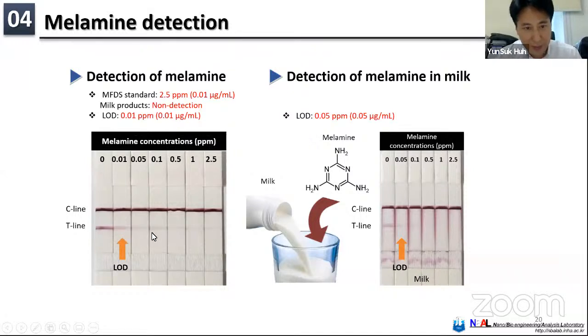As the concentration of melamine increases, you can see the color change or diminish. From the difference in color, we can figure out that the food sample, milk or infant formula, contains melamine, a harmful substance, in the milk powder sample.